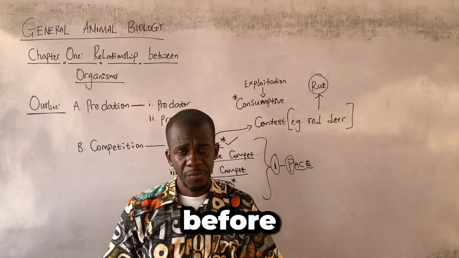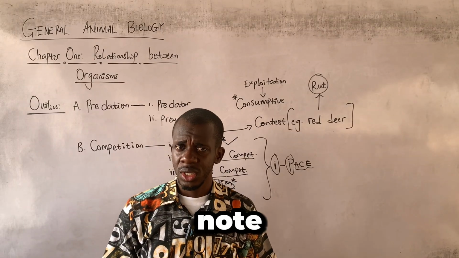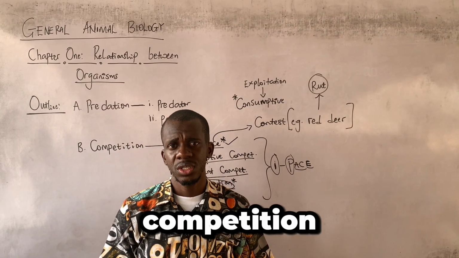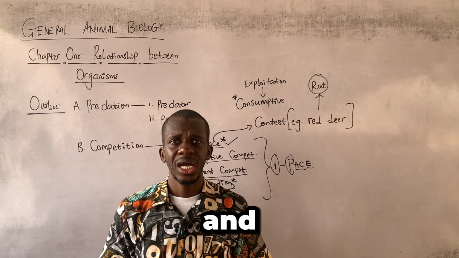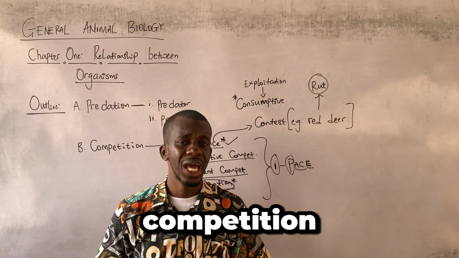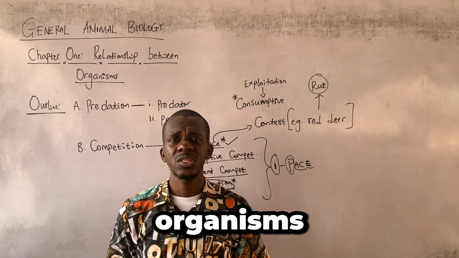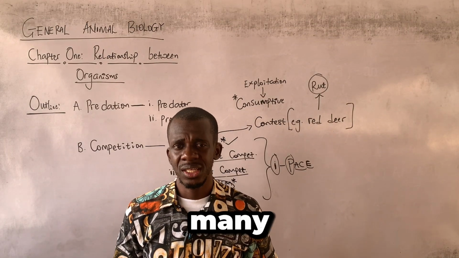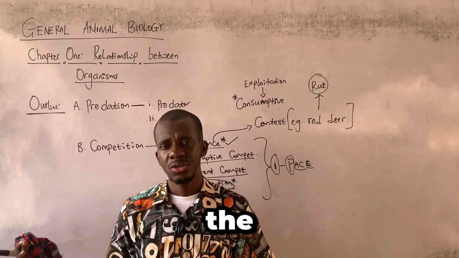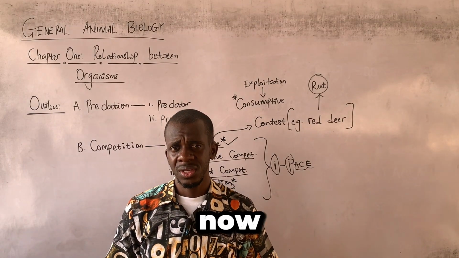All right. Now, before we end this session, please know that competition is mainly resource based, and the resources involved in competition are limited. Meanwhile, the organisms who need these resources are unlimited, or rather, they are many when compared to the resource. You see that now? Excellent.